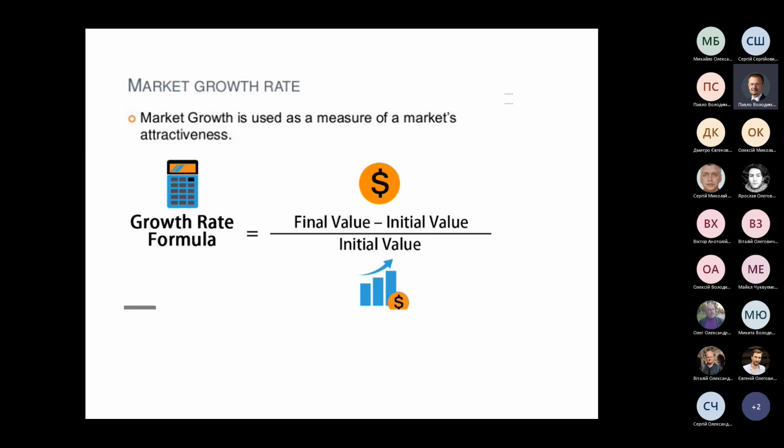Actually, it is possible to take figures not only about the last year, the last now is 2021, but also it is possible to compare the volumes for 2020 and 2019, because sometimes it's rather difficult to find a fresh review of the market.